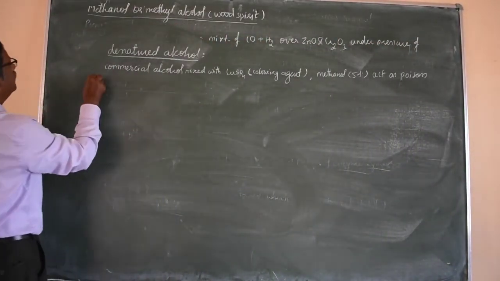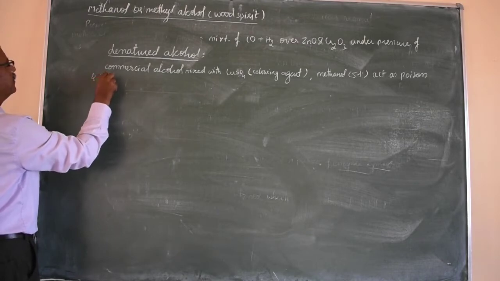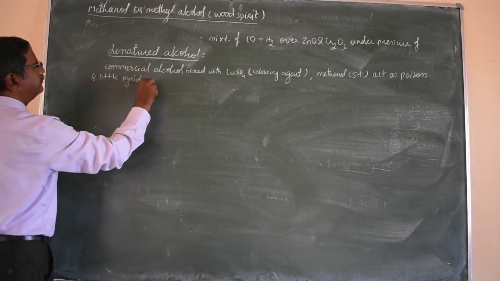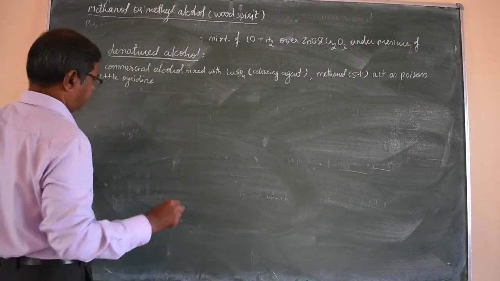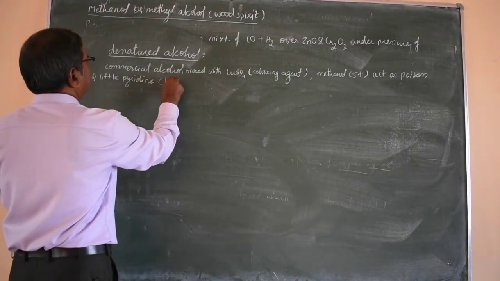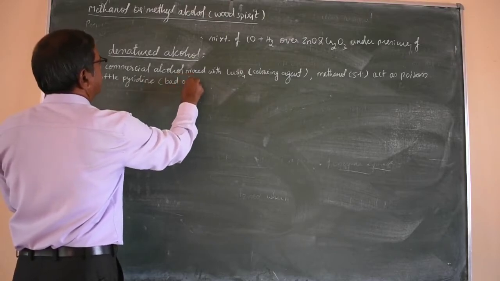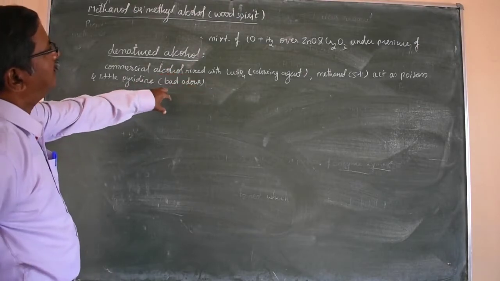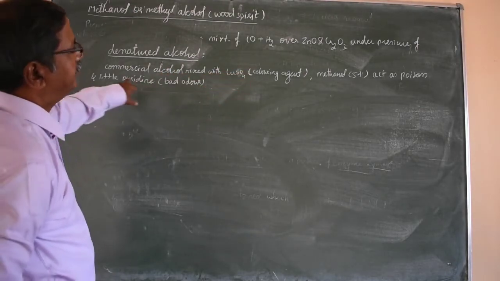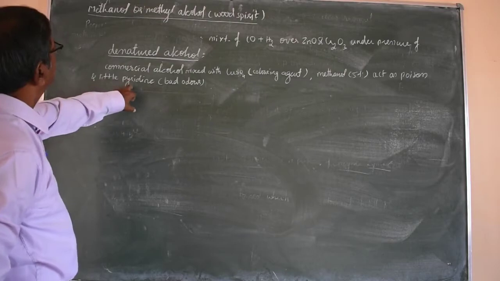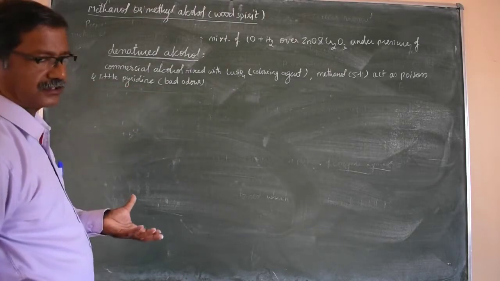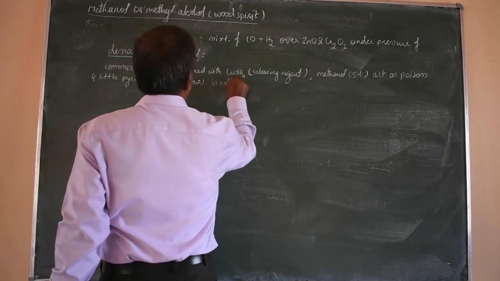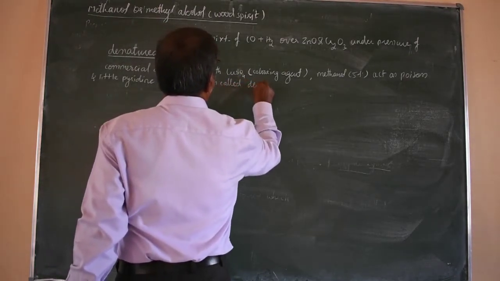And a little pyridine, which has a bad odor or smell. Commercial alcohol mixed with copper sulfate, methanol which acts as poison, and a little pyridine with a bad odor is called denatured alcohol.